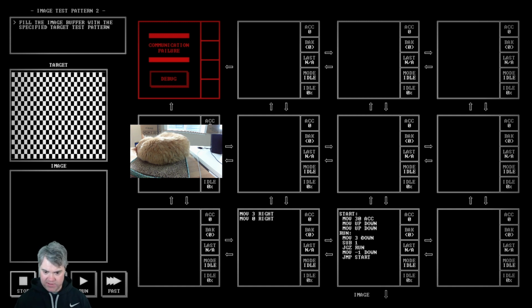So we're going to move left down, and then move 0 right, move ACC left, add 1, move left down, move right down.